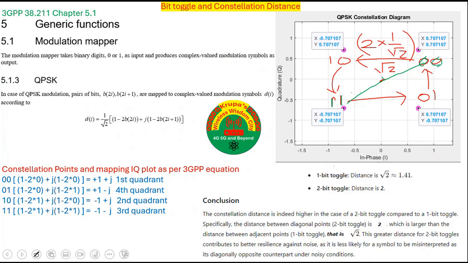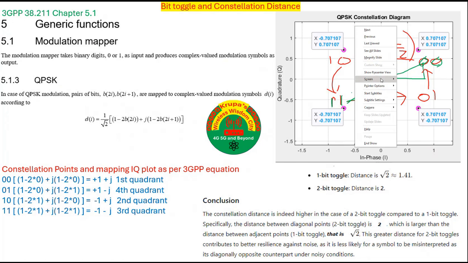So the distance covered is 2. How can you easily calculate it? This distance plus this distance: this will be 1 and 1, plus 1, this will be 2. So the diagonal distance is what it covers whenever there is a 2-bit toggle.